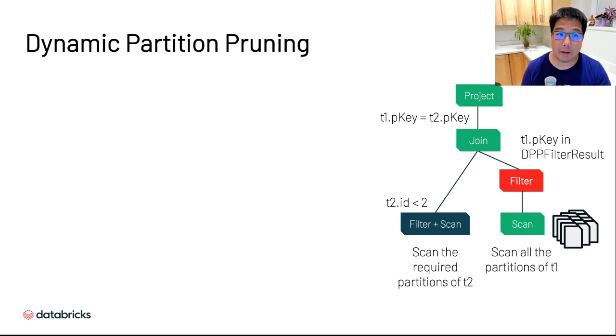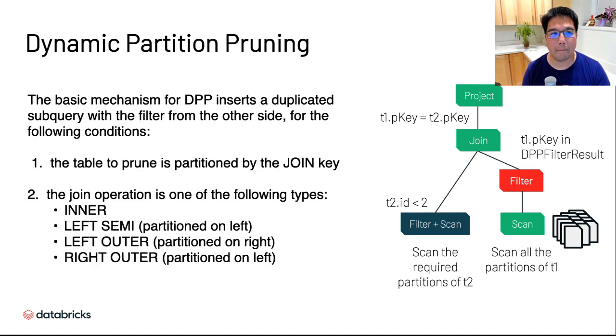This is done by reusing the query results from that left side and then generating a list of constant values, the P key values from fact table 1. So the basic mechanism for DPP inserts a duplicated subquery with the filter from the other side, the left side, when the following conditions are met.